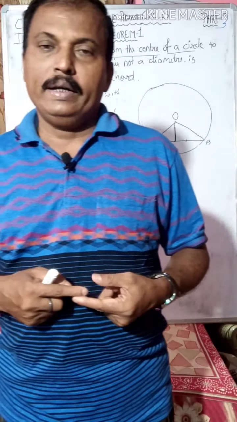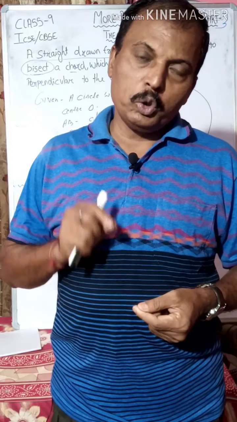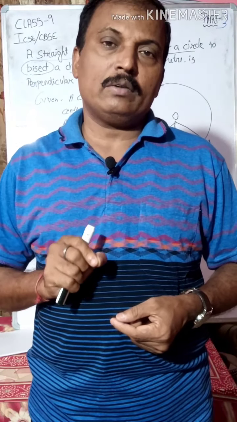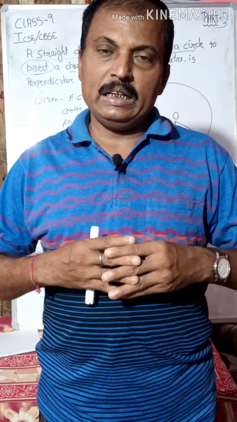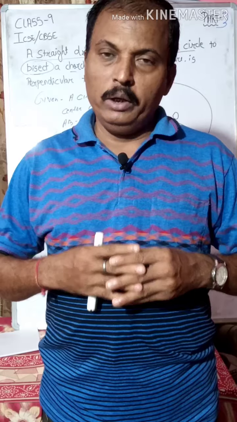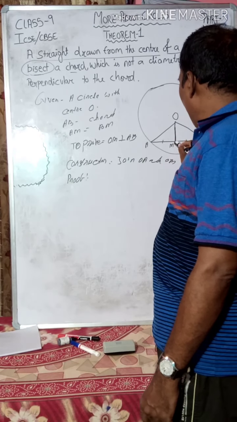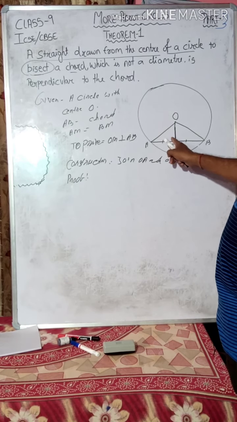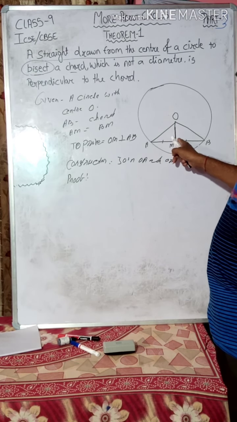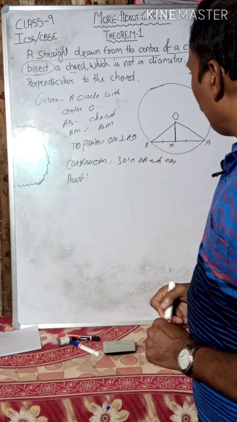I always tell you that you should always remember the congruency conditions when we compare two triangles to each other. Now here are triangles OAM and OBM. We have to prove this angle is equal to this angle, each equal to 90 degrees, so OM is perpendicular to AB.